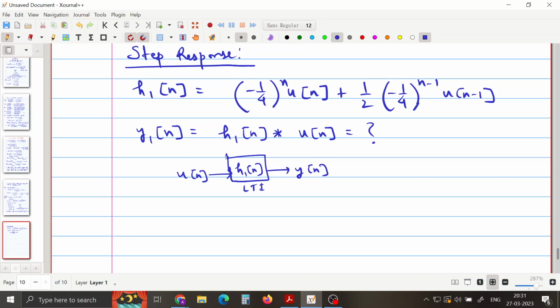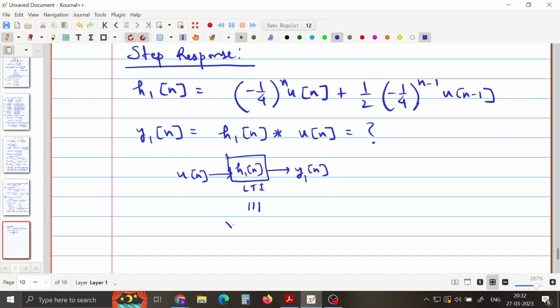You can either do it by convolving these sequences, but another thing is you can also use the Z transform, because convolution in the time domain translates to multiplication in the Z domain, right? And it's of course easy to deal with multiplication rather than convolution. So if we go to the Z domain, by the way, I was using y1, Y1.